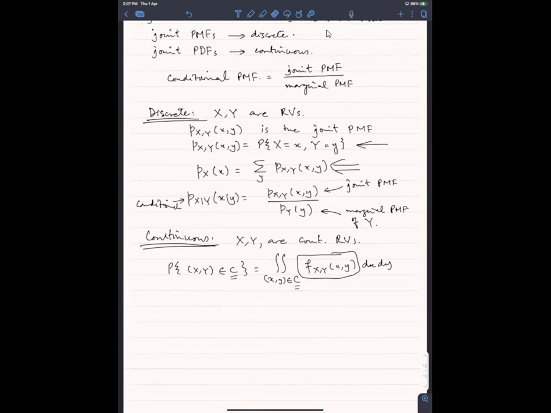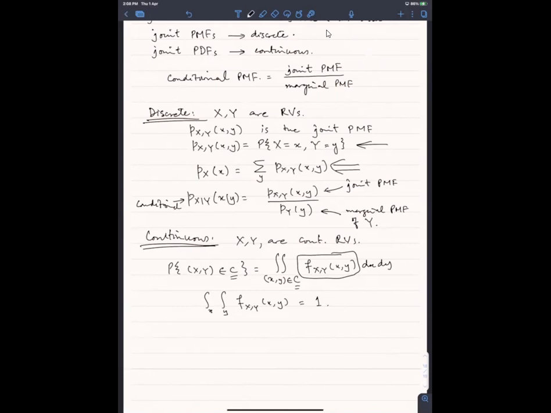It has to be non-negative. For the joint PMF, the sum over all x and all y is 1. Similarly, the integral of the joint PDF over all x and all y is also equal to 1.